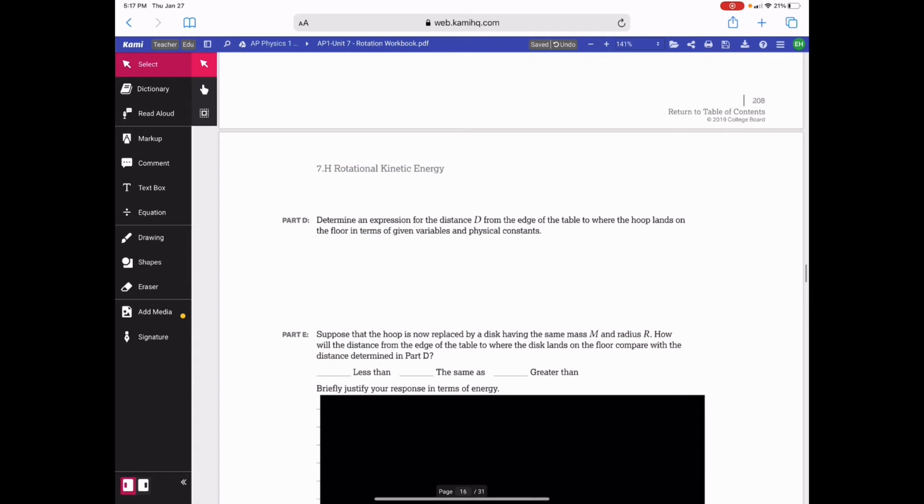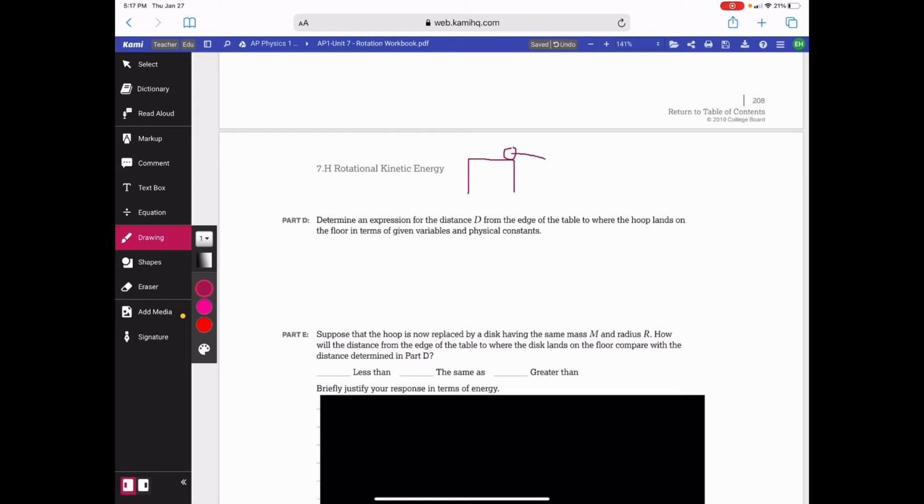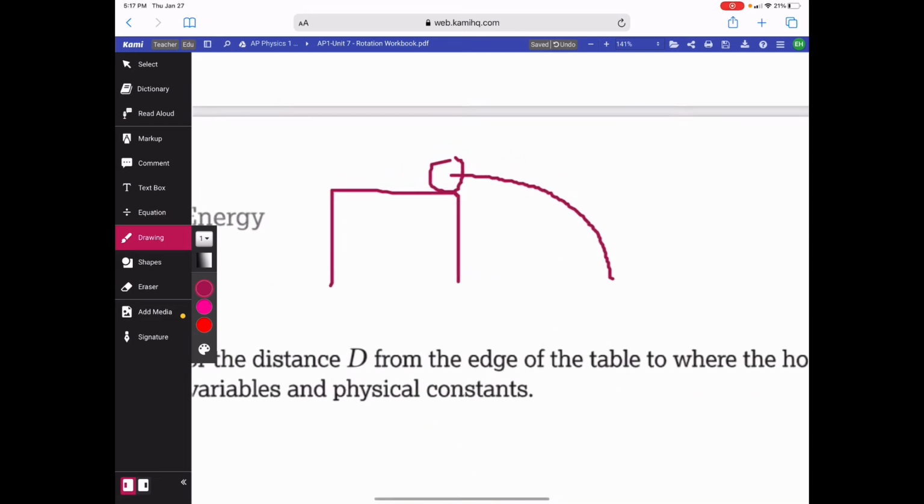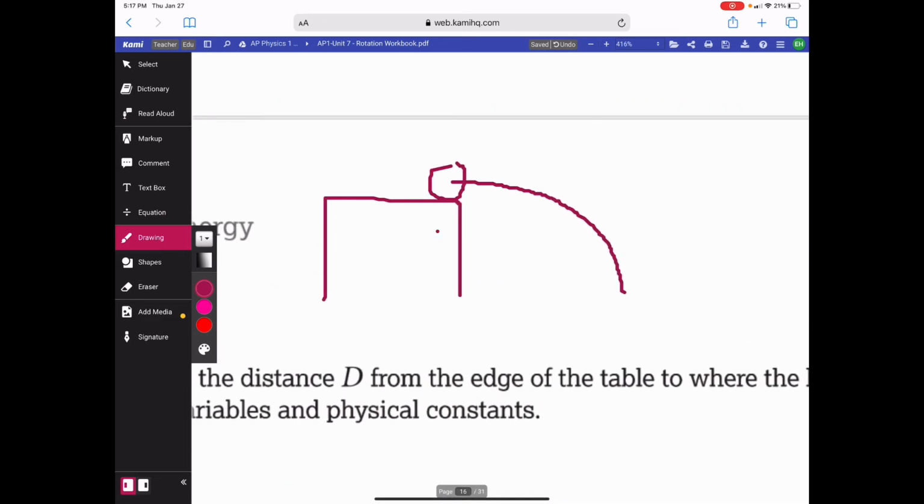Part D, determine an expression for the distance from the edge of the table to where the hoop lands in terms of given variables and physical constants. So now we're talking projectile motion. Well, what do we remember about that? Well, this is the height.